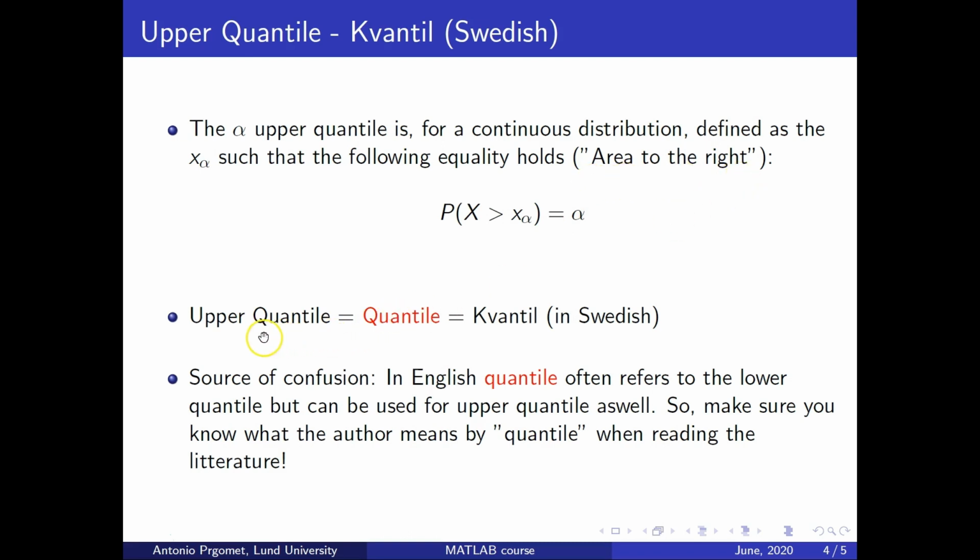The upper quantile is sometimes called quantile, or in Swedish, kvantil. So notice the source of confusion. In English, quantile often refers to the lower quantile, but can be used for upper quantile as well. So when reading the literature, make sure that you know what the author means by quantile.